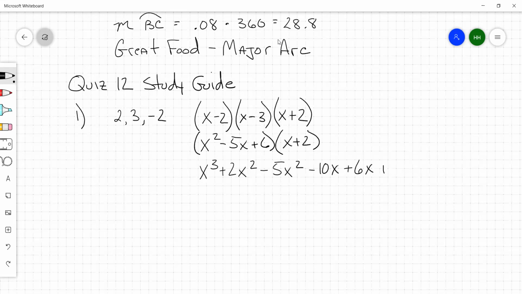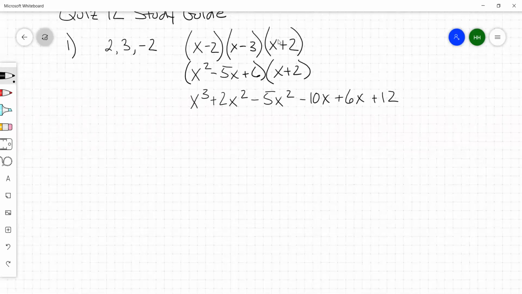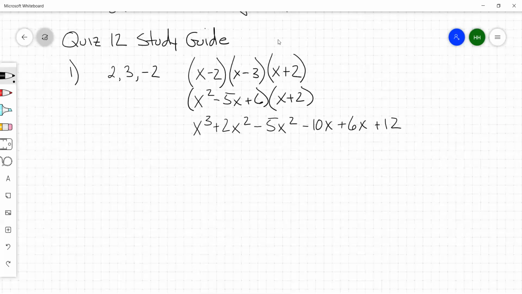And 6 times 2 is 12. And then you need to combine your like terms. So we end up with x to the third minus 3x squared minus 4x plus 12.